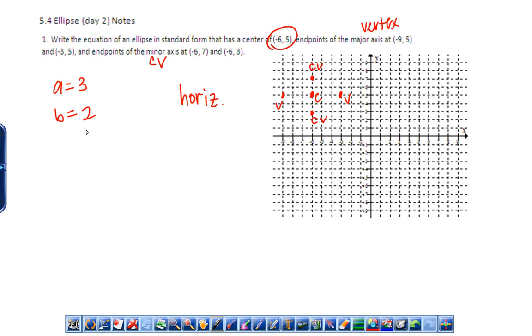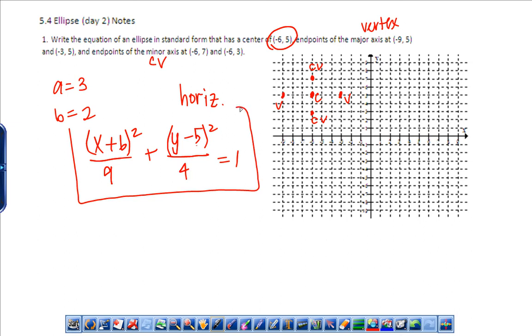Remember, our center is here. So you can say (x plus 6) quantity squared plus (y minus 5) quantity squared. Horizontal means your A goes first. So that's going to be 9. Your B is going to be 4. And that should be all that you need to do. And you can finish your sketch, but you don't even have to.